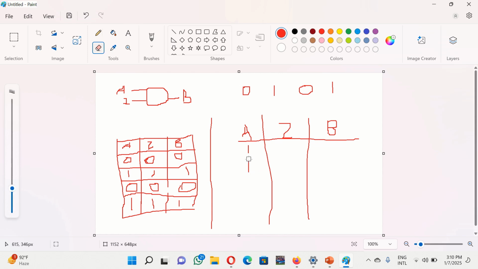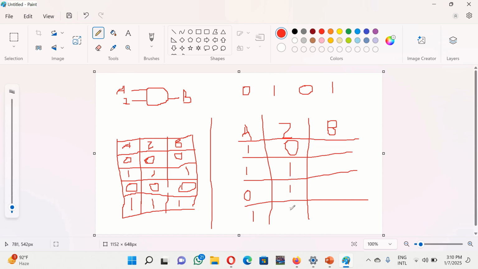So imagine this time we have 1, 1, 0, then say 1. Then let's say we have Z to be 0, 1, 1, 0.